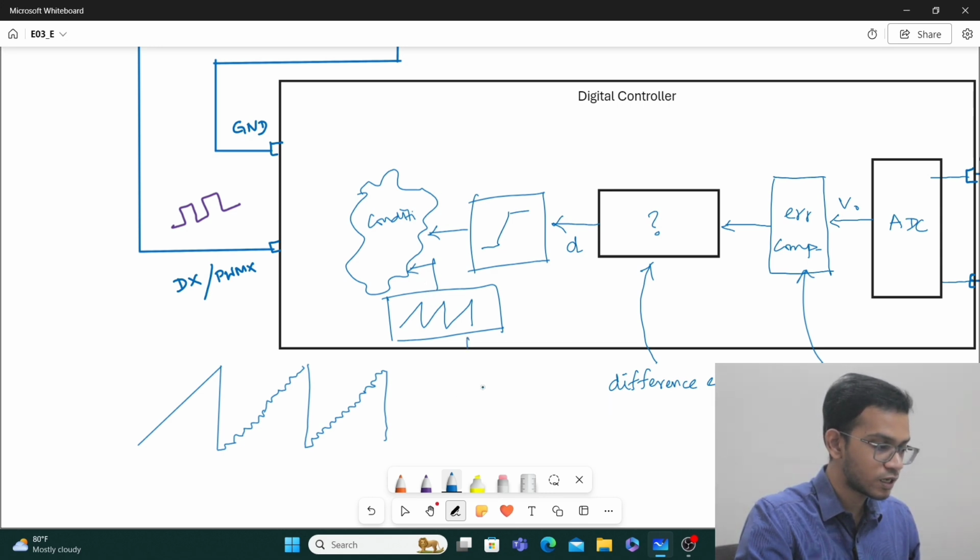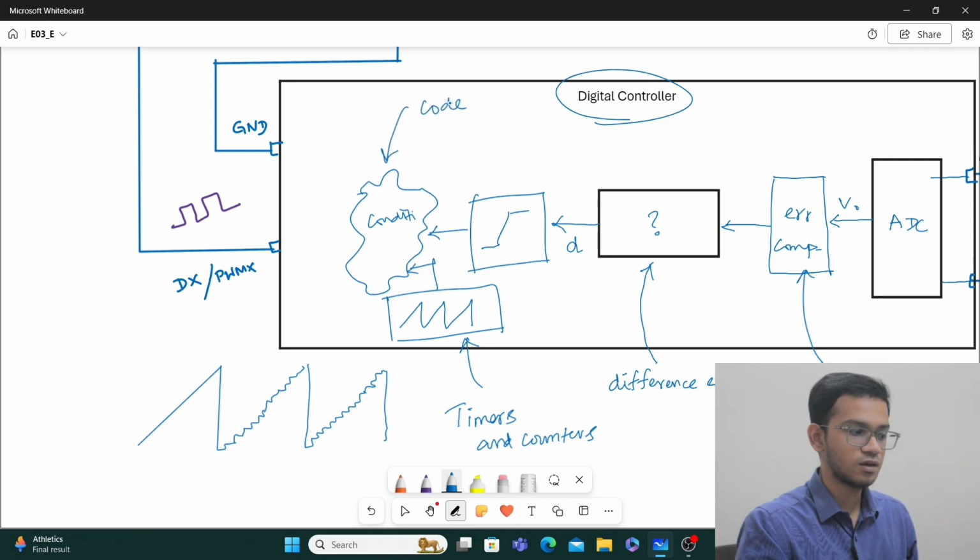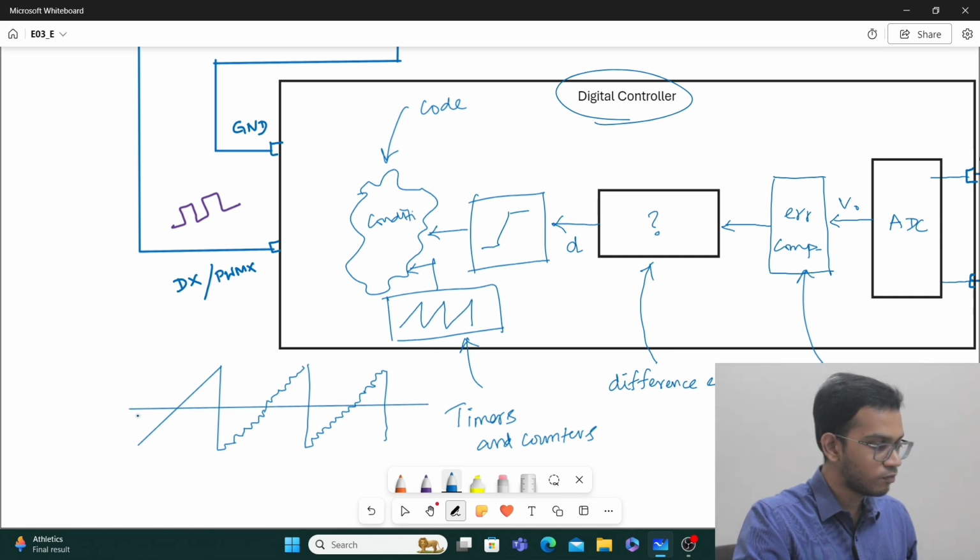And how will this be generated? This will be generated by the use of timers and counters inside your digital controller. Right? We produce this and then we write a logic condition. Again, this is a piece of code. It's a line, you are writing an if-else statement. Now consider that this is my duty ratio. You are saying if my duty ratio is dominant, produce a PWM, produce logic high.